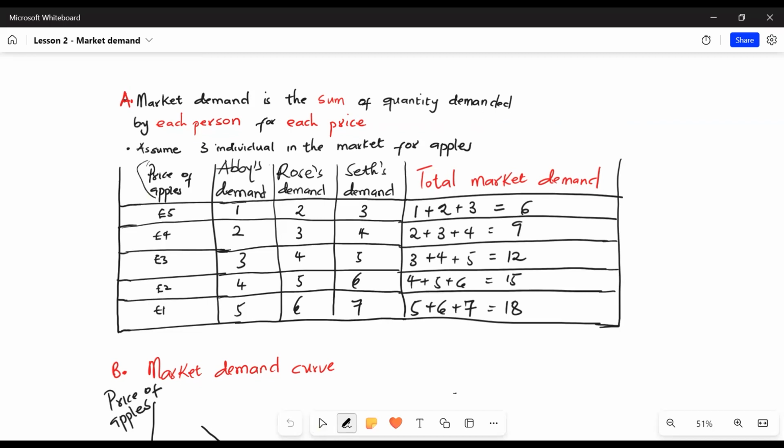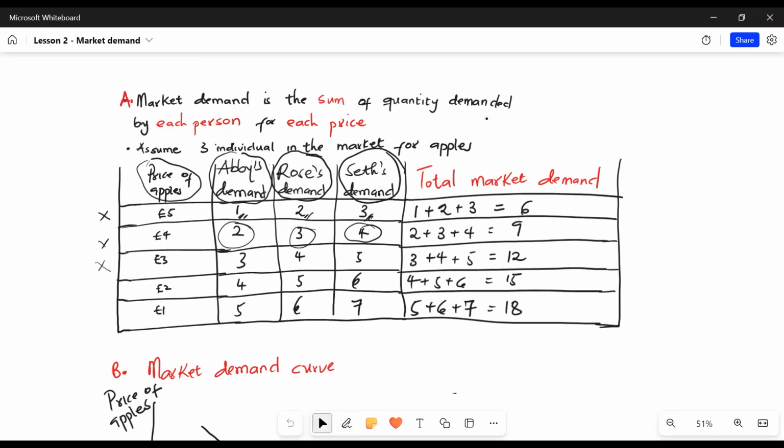We have the price of apples here in this market. And in this first column, we have Abby's demand for apple. And then we have Rose's demand for apples and Seth's demand for apple. At price 5, Abby demands 1 apple, Rose will buy 2 apples, and Seth will buy 3 apples. At price 4, apples.